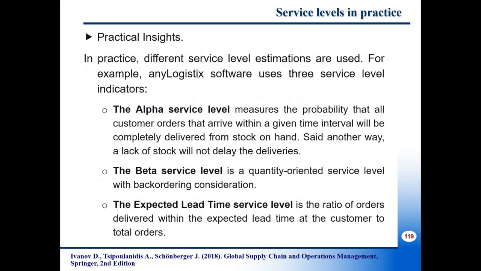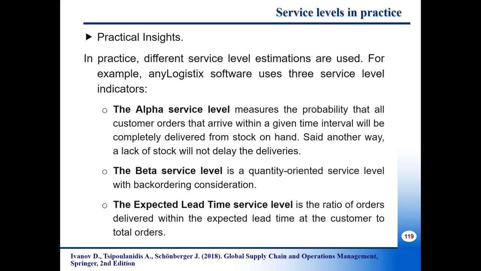Now we have practical insights before going further into the formulation of stochastic inventory control. In practice, different service level estimations are used. For example, logistics software, that is software for supply chain simulation, uses three service level indicators. The alpha service level measures the probability that all customer orders that arrive within a given time interval will be completely delivered from stock on hand.